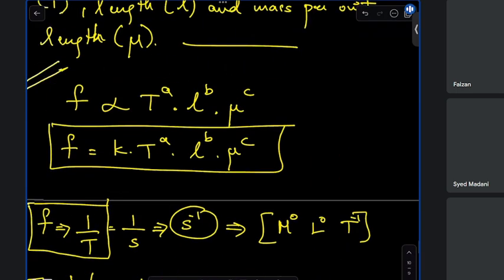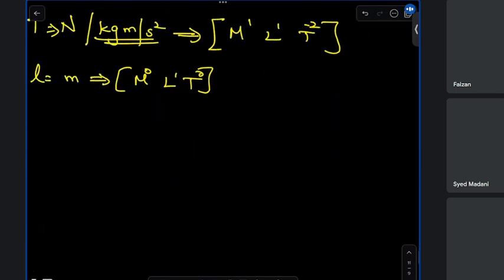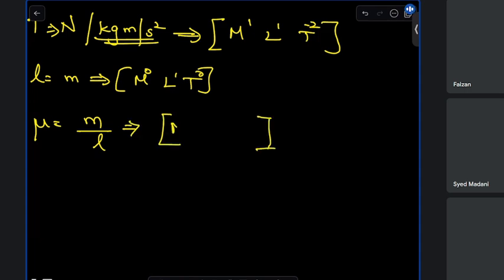Mu is mass per unit length. Mass is 1, length is minus 1, T is 0: M1 L minus 1 T0.